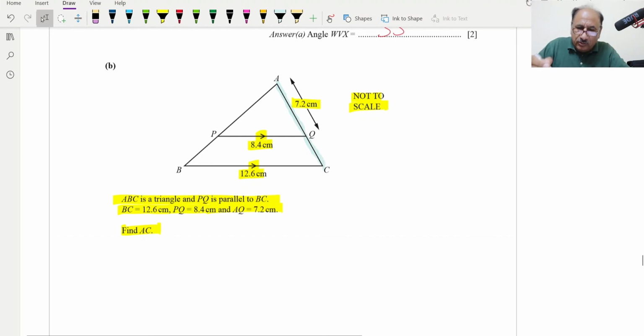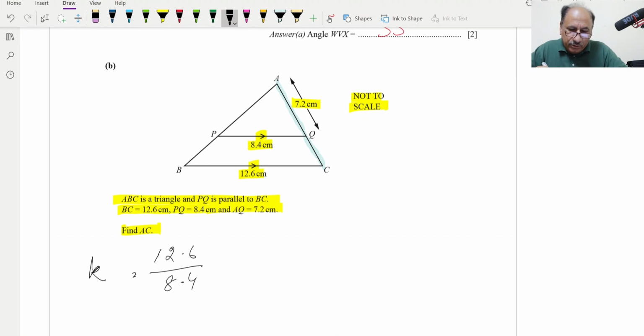So we can use the ratio, similar shapes we will be using. 12.6 divided by 8.4, this will be the K ratio, the ratio between these two shapes. One is the smaller triangle, which we can consider like this one.